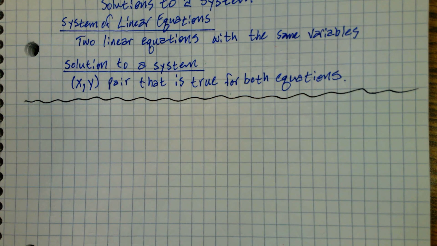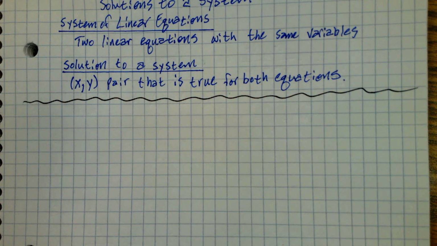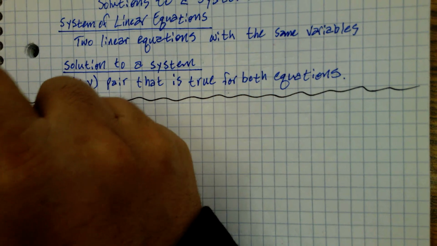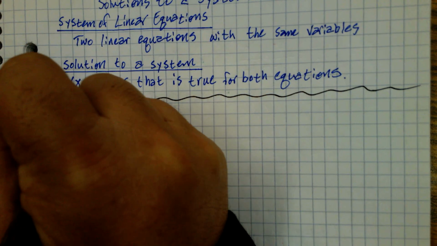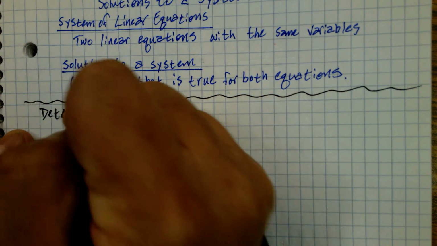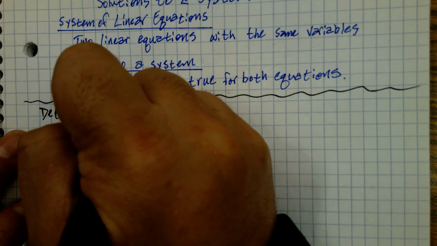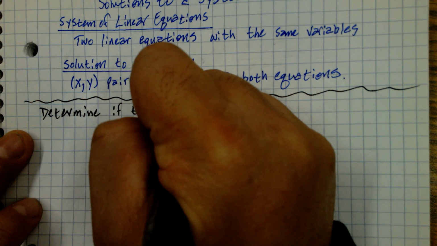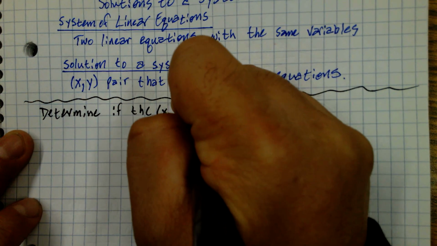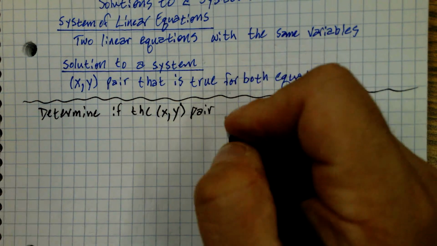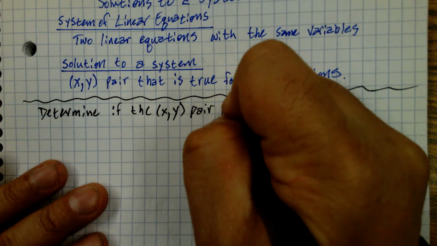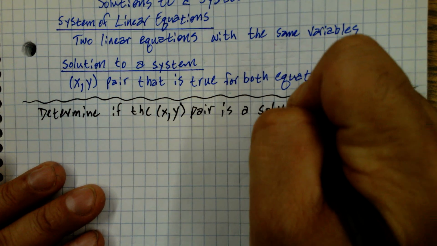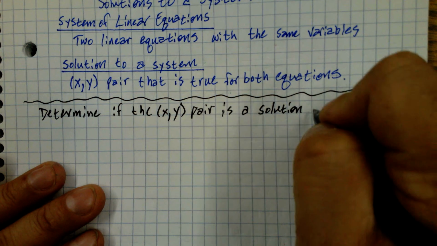Okay, so our task today, both on these notes and on the IXL we're going to do, is to determine if the XY pair is a solution to the system.